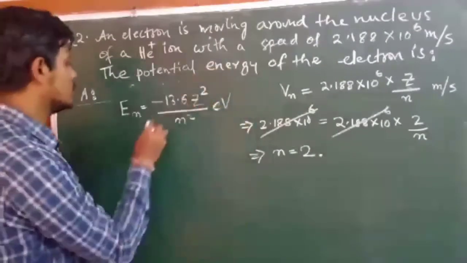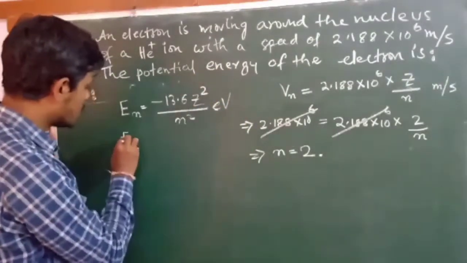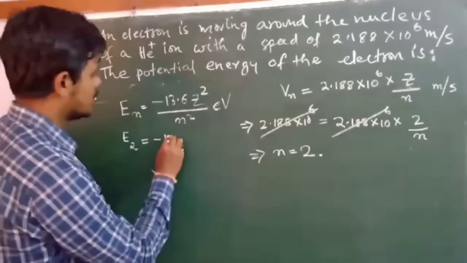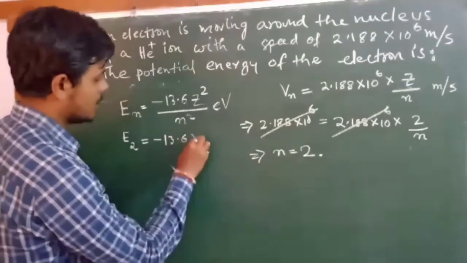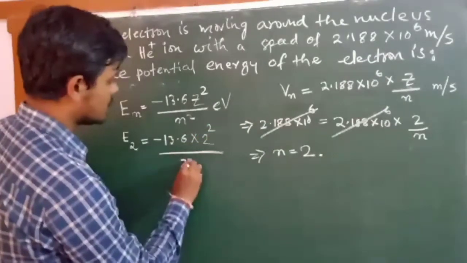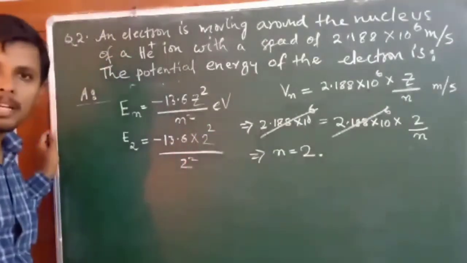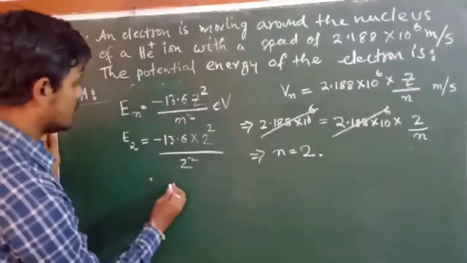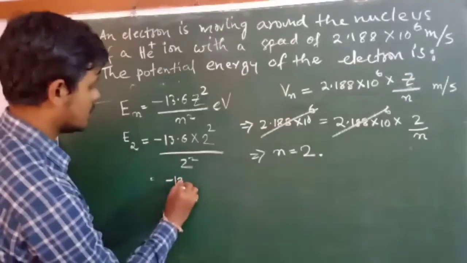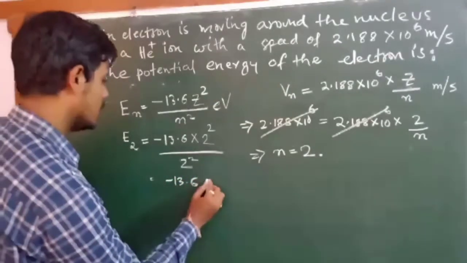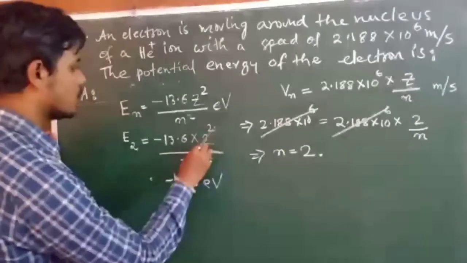So in that case, the energy of the electron in the second orbit is -13.6 × 2²/2², since we are calculating for He+. So this will be -13.6 electron volt, since 2² and 2² got cancelled.